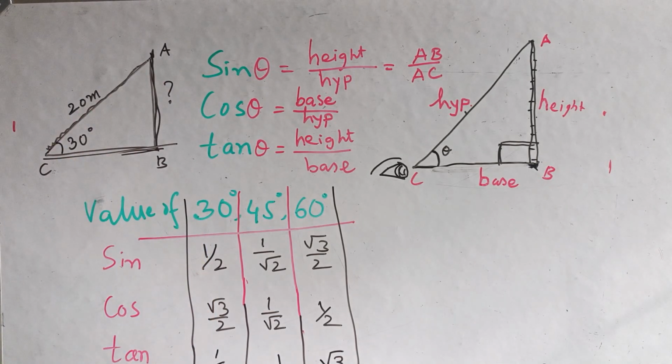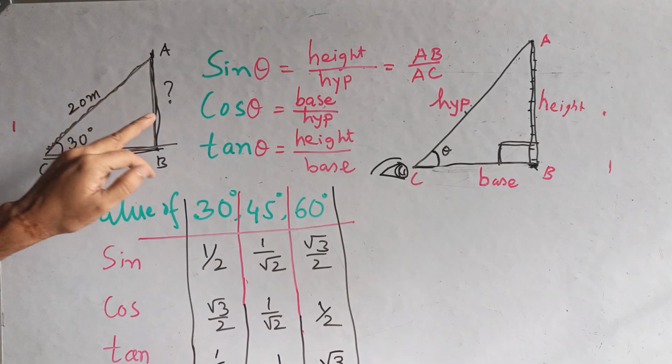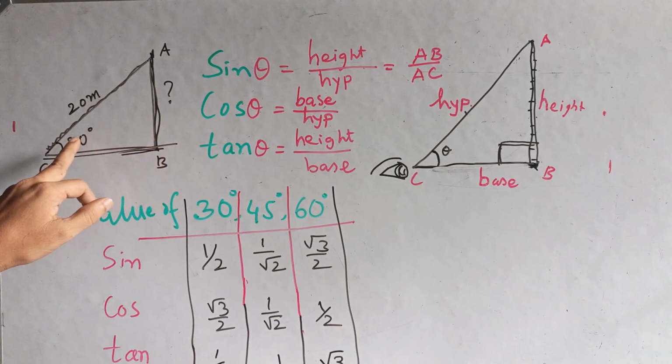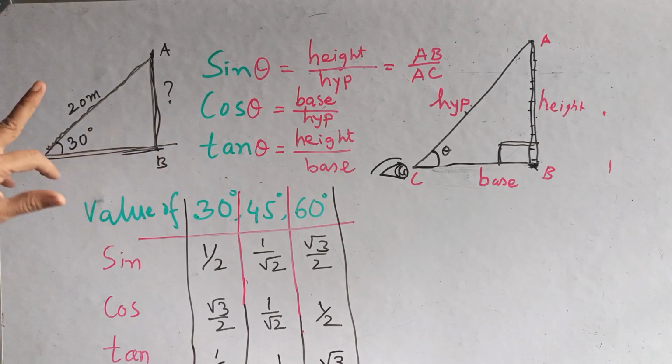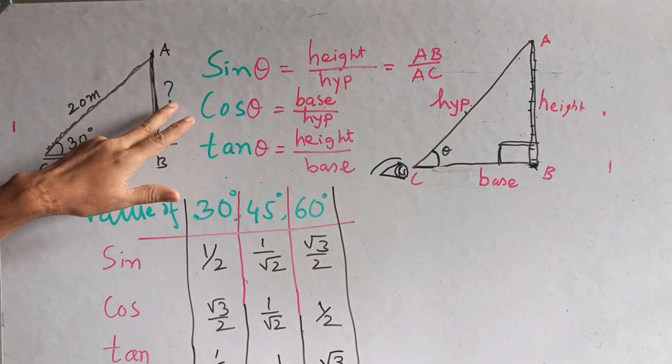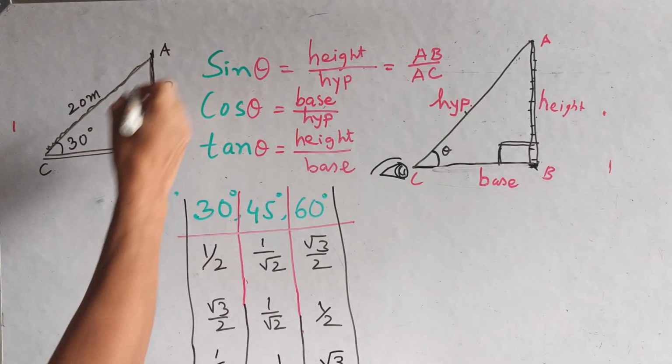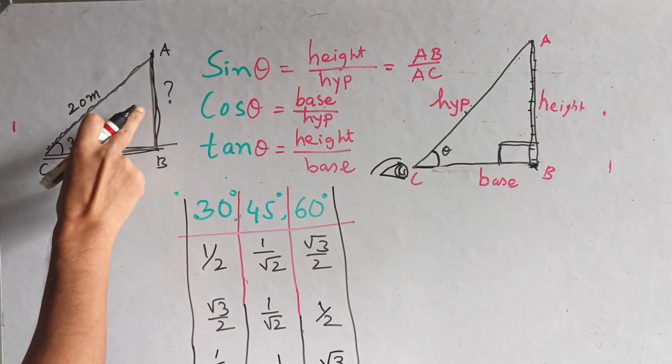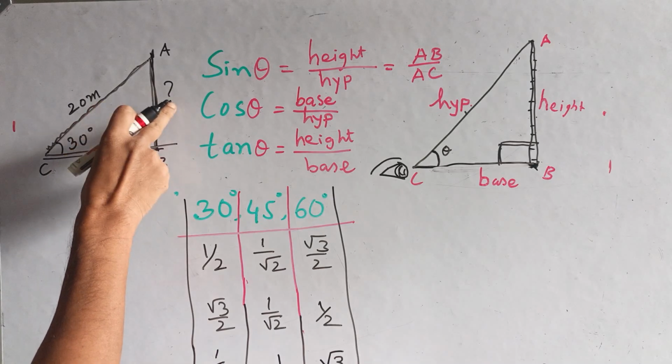Immediately after drawing this problem, we first have to represent it in terms of this right angle triangle. Next, our task is that this is given, this is to be found out, and this angle is also given. I told you two parameters will be given, so these two are given, and the third one you have to find out. So I'll find the relation between these and these.